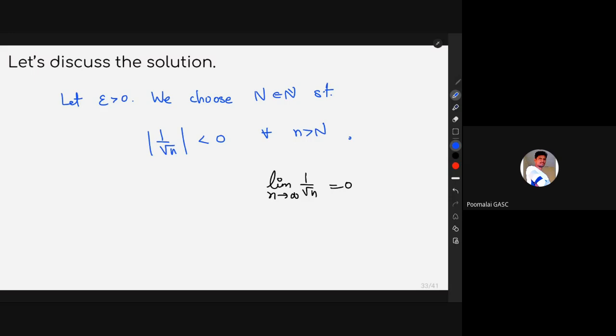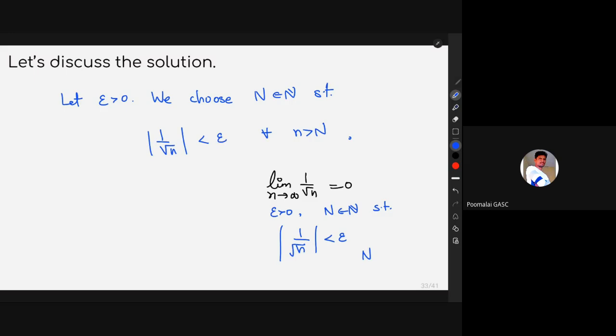If I translate it into the epsilon delta definition, what will I get? For any epsilon greater than 0, there exists N in natural numbers such that 1 over square root of n is smaller than epsilon. So I'm only hunting for that N. Oh, sorry, this can't be. This is more than epsilon. I wrongly wrote that.